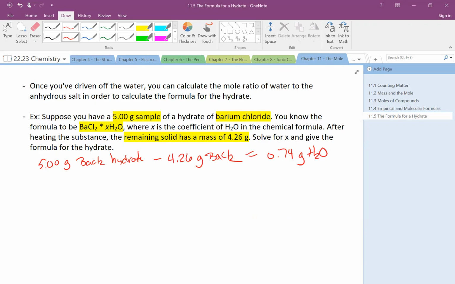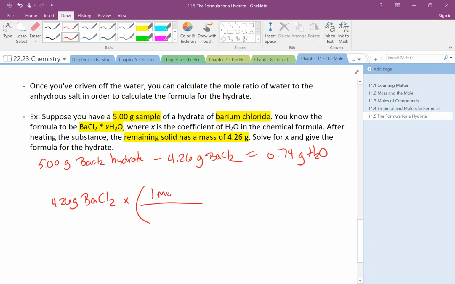Now, we're going to convert both the mass of our remaining barium chloride and that water into moles, because we can then set up a mole ratio and see exactly how many particles of water we have compared to our particles of barium chloride. Okay, so I will take my 4.26 grams of BaCl2 and convert that into moles.